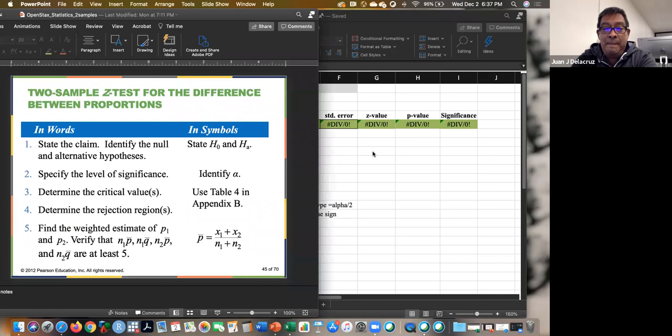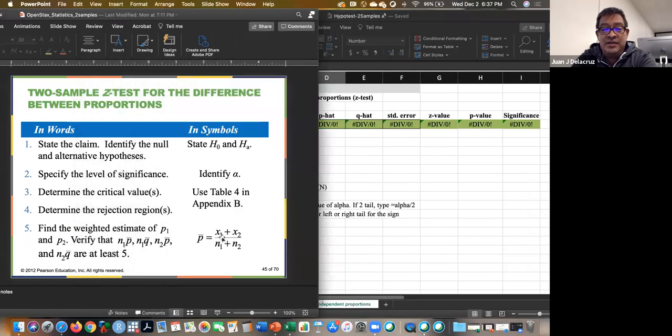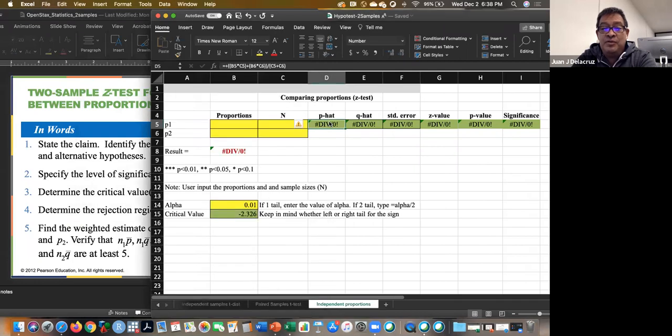So this p hat is going to be this value. Once the program finds p hat, q hat is going to be 1 minus p hat. So we have the standard error, we have the C value, we have the p-value.